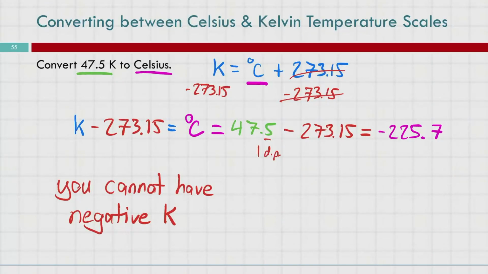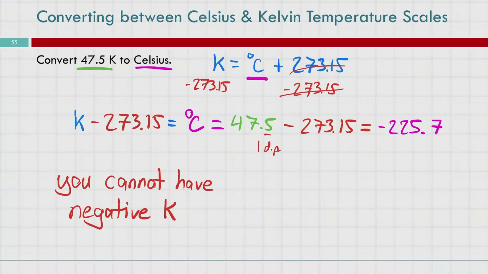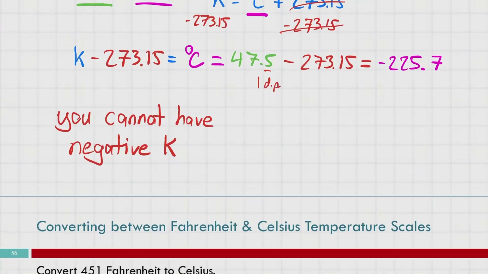You can't have less than no energy, believe it or not, so 0 is the lowest that we can go in the Kelvin scale. So one way that we can check ourselves, if you plug stuff in and you get negative Kelvin, there should be a little warning bell going off in your brain. We can't have negative Kelvin. This must be wrong. Check it again. So that can be one of the ways that we can check ourselves on temperature conversions.